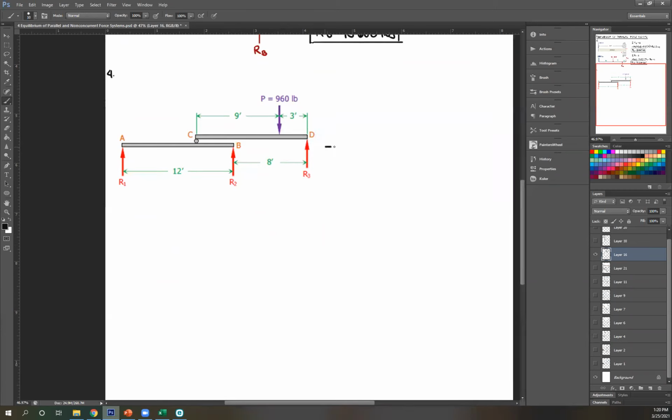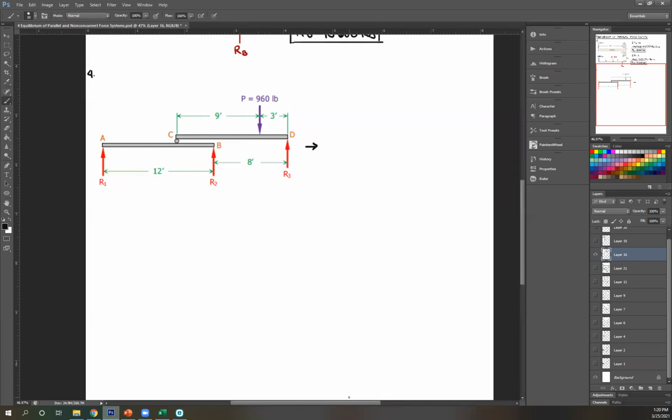Okay? So let's draw that. Let's draw the final position of your beams. So this is your R1 and R2. The position of your reaction doesn't change. It's still your R1, R2, and the distance between them is still 12.